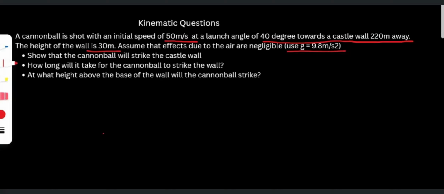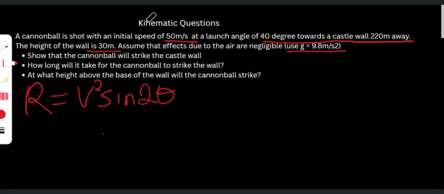How do we show this now? For us to show that the cannonball will strike the castle wall, we know that R, that is the range, equals V squared, initial velocity squared, sine 2 theta of the initial over g.